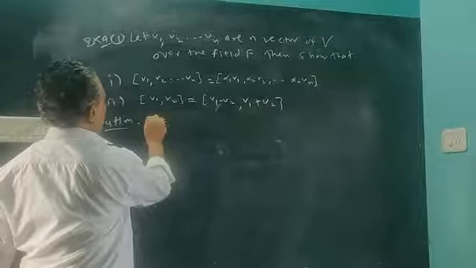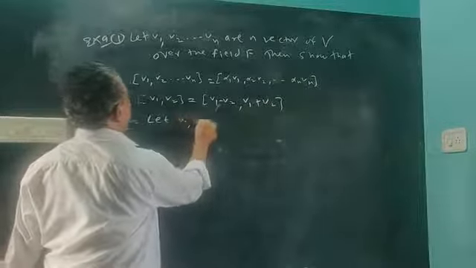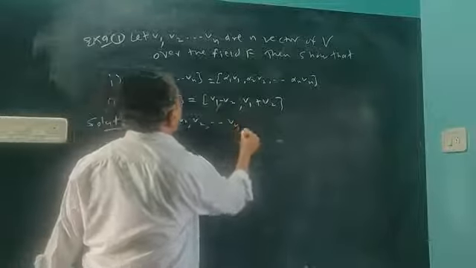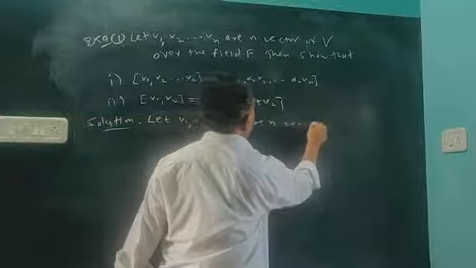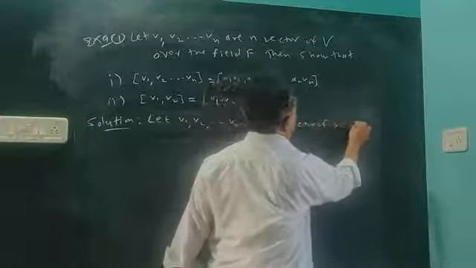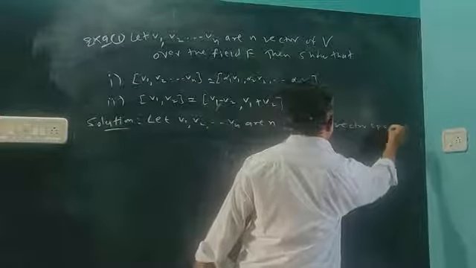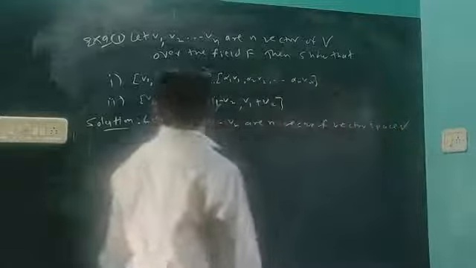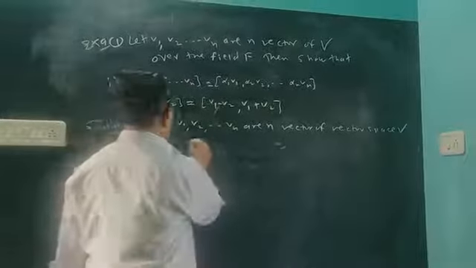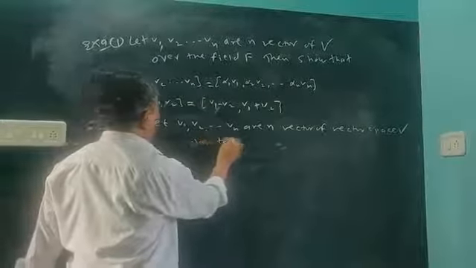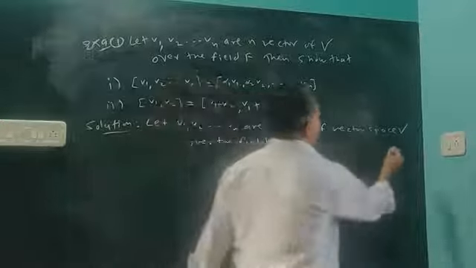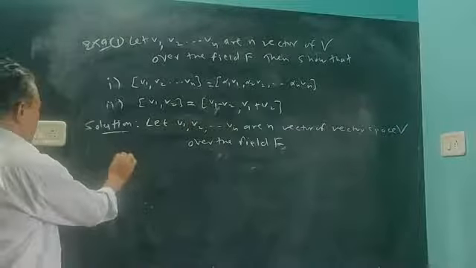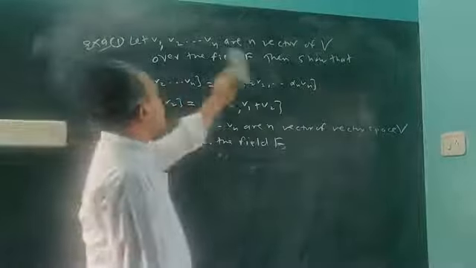So let v1, v2 up to vn be n vectors of vector space V over the field F. So span of this equals span of this.